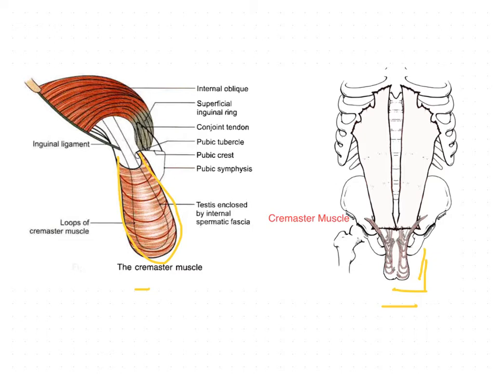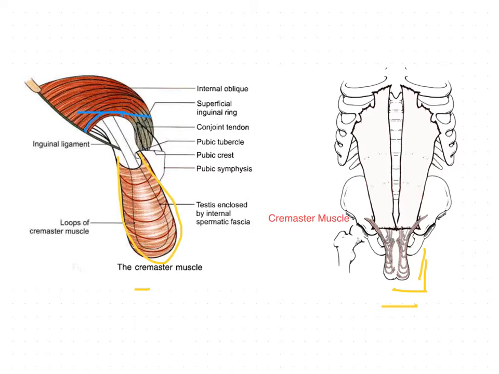The cremaster muscle and fascia arise as prolongations of the lower border of the internal oblique muscle. So this is the internal oblique muscle.